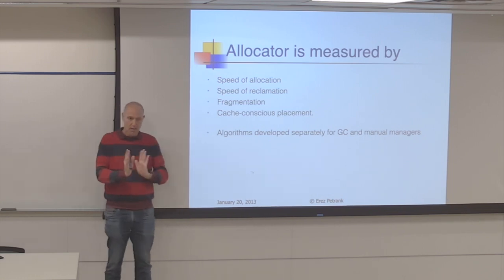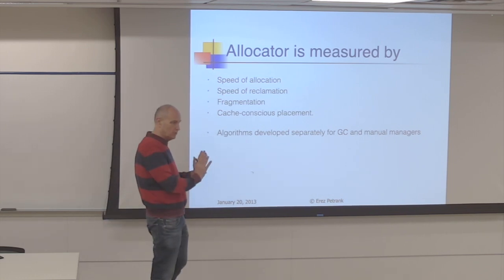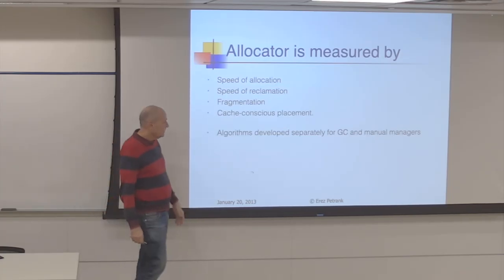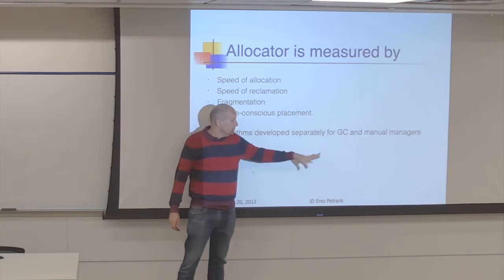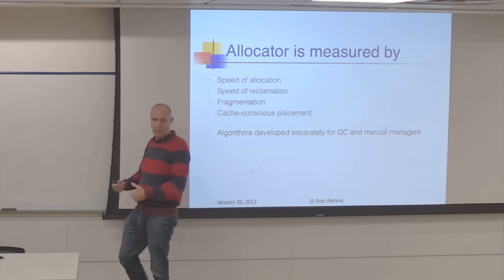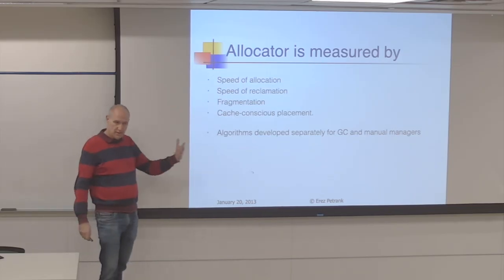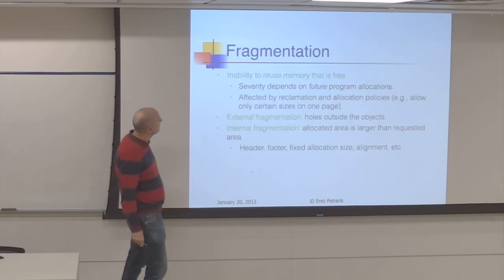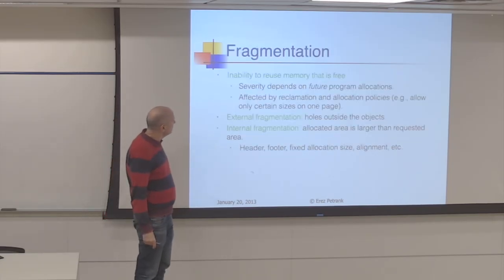You should do good things for that, and the program will run faster with your allocations. And like I said, the algorithms were developed initially separately for garbage collection and manual allocation, but I think recently they basically merged.